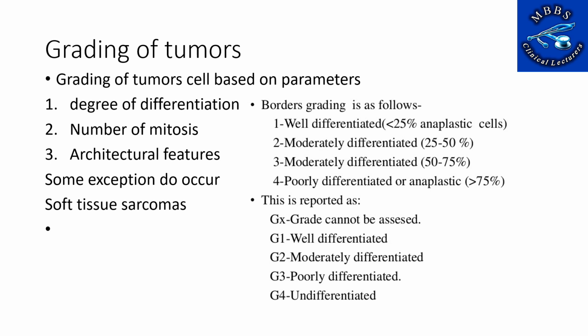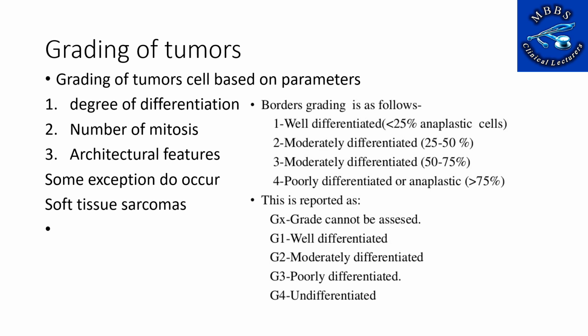The tumors show some particular architecture, like papillary architecture, follicular architecture, diffuse, sheet-like, somewhat different types of architecture we can see with the tumor. So according to the differentiation, number of mitoses and the architectural pattern, the histopathologist is going to label this as a well differentiated, a moderately differentiated, or a poorly differentiated tumor.